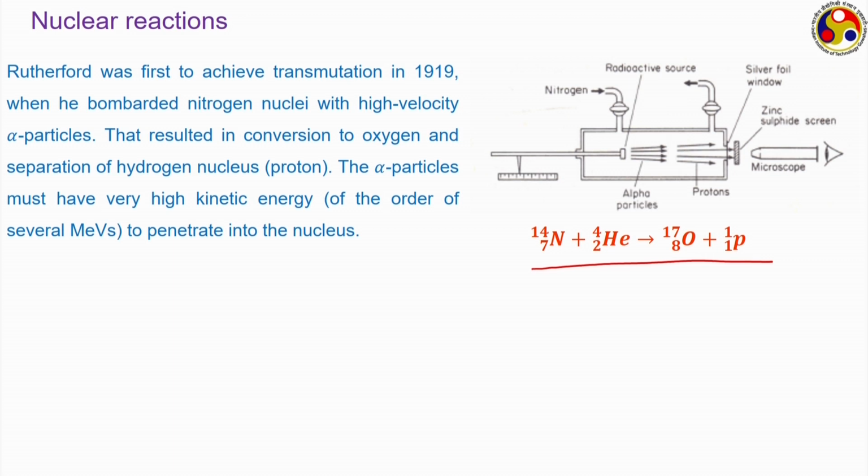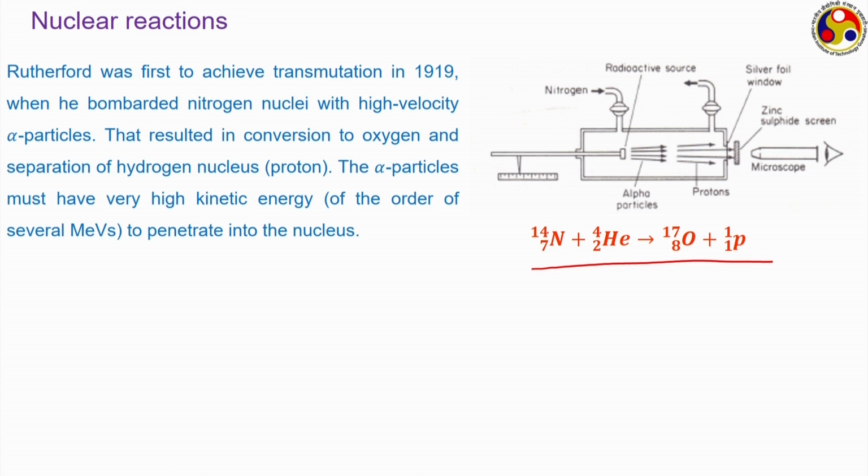This is the first man made or human controlled transmutation reaction that has been reported. Of course, everything was still not controlled by that time, but still it was done at laboratory scale, and therefore this can be considered a pioneering experiment in the transmutation phenomenon.